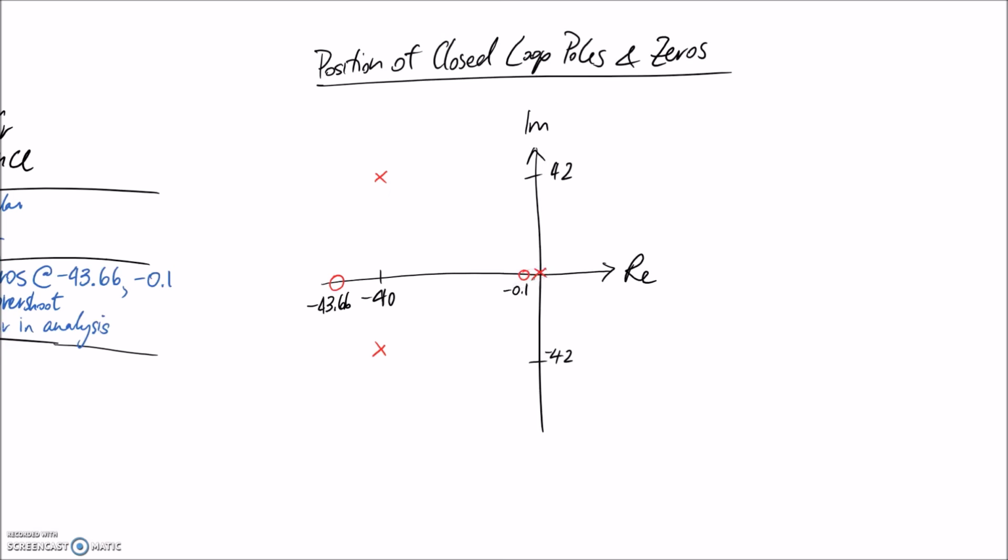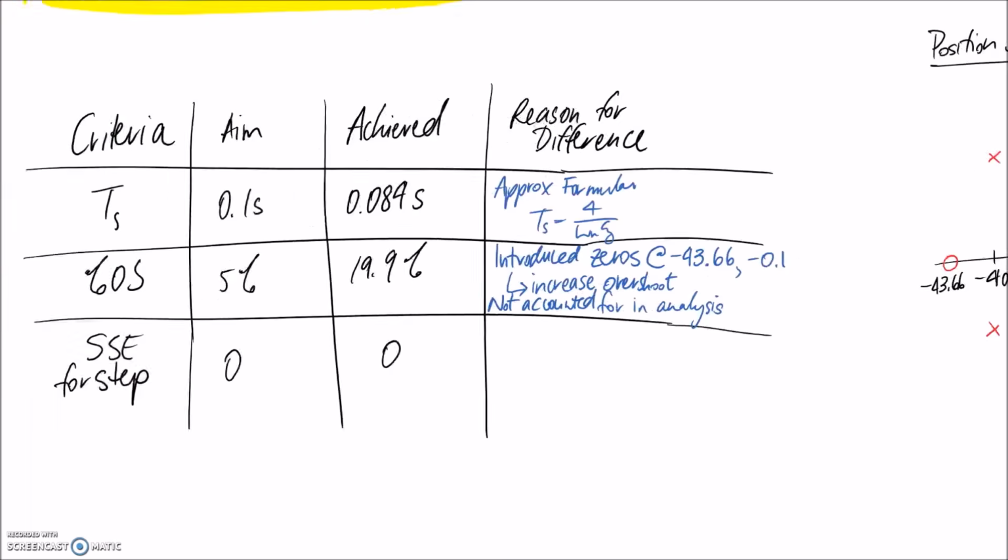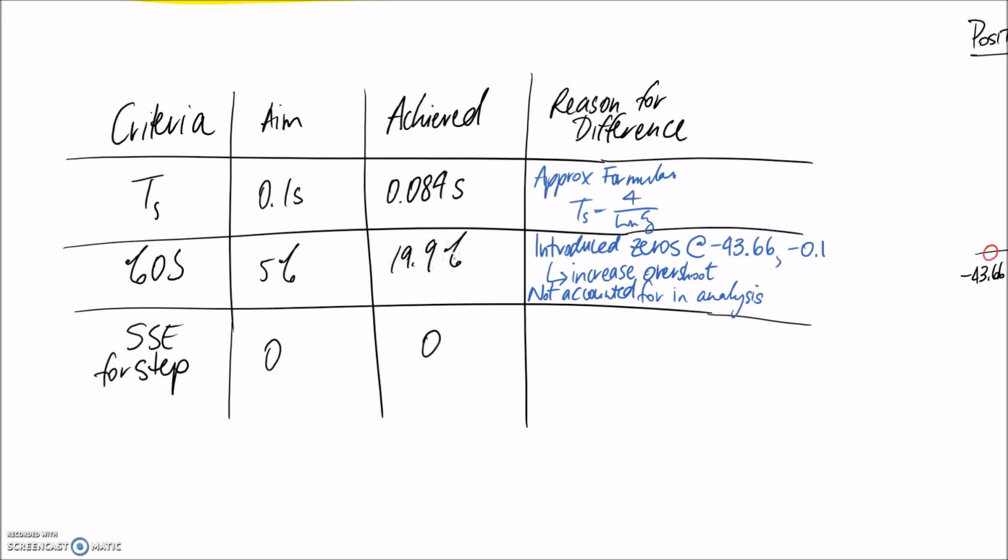So these two are supposed to cancel each other out, so they shouldn't have too much. But this one here is at a very similar distance to what our closed loop poles are at. So therefore, it's probably having quite a big impact on our response, which would explain why we got much higher overshoot than what we were aiming for. All right, so they're dominant in the response. Can't be neglected.